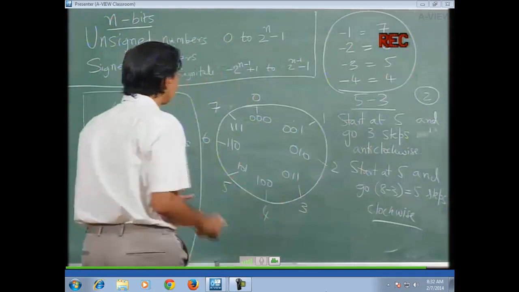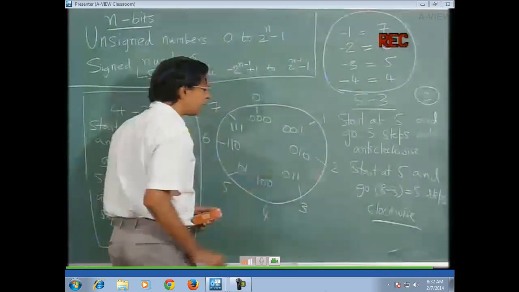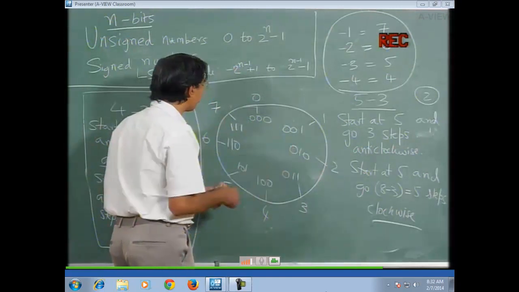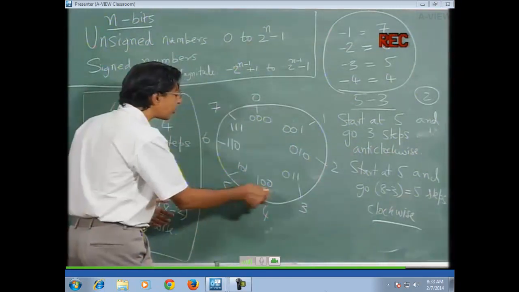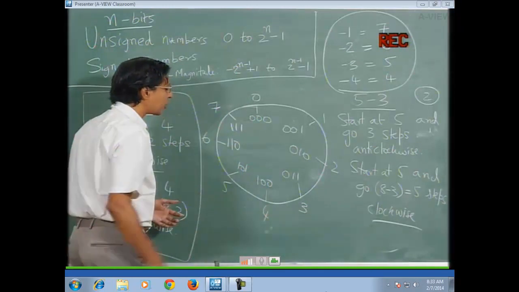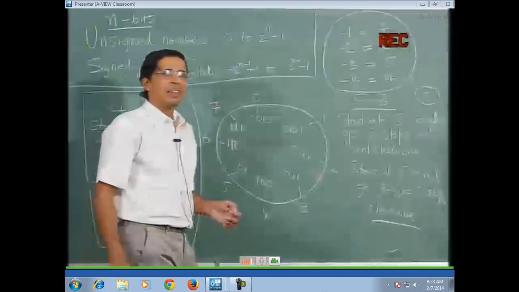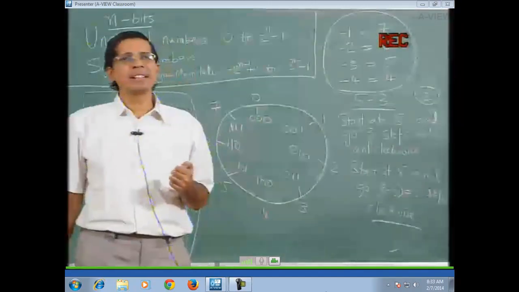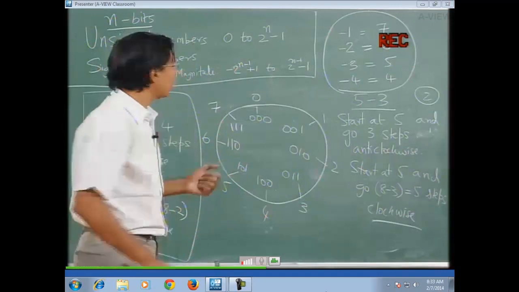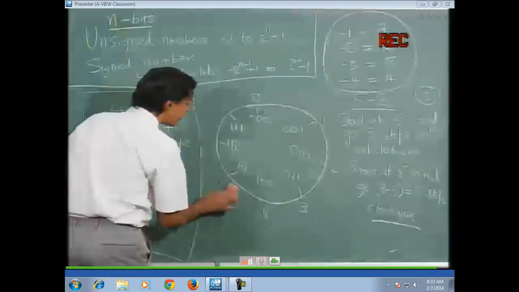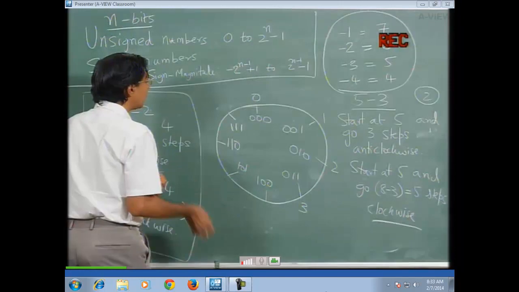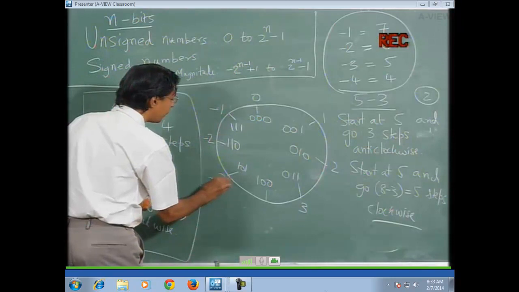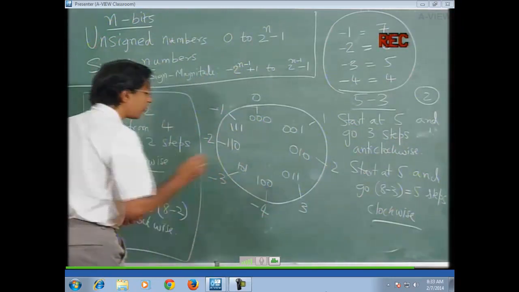So in this case there are 4 representations which are positive because their most significant bit is 0, and there are 4 combinations having a 1 in their most significant bit, and hence they are negative. So let us go and number them. I will call these minus 1, minus 2, minus 3 and minus 4.